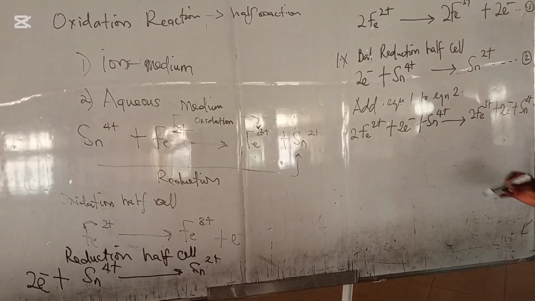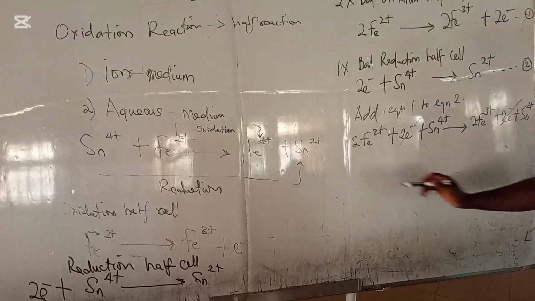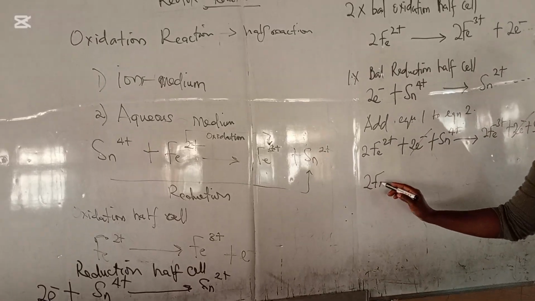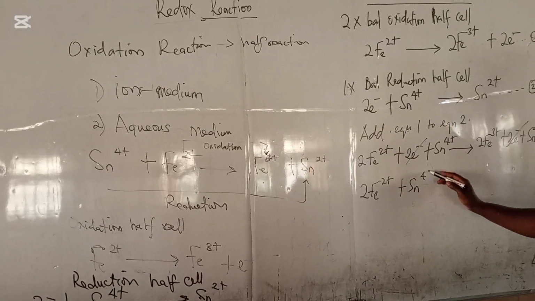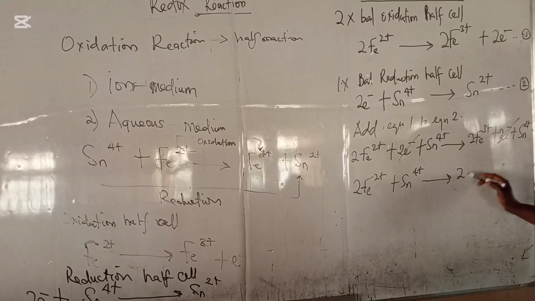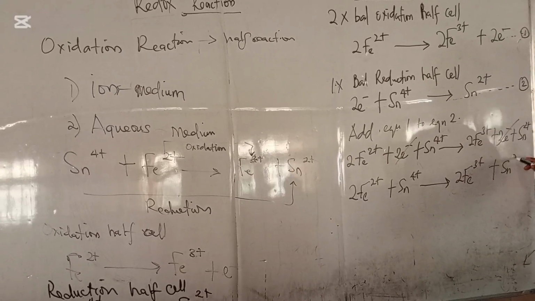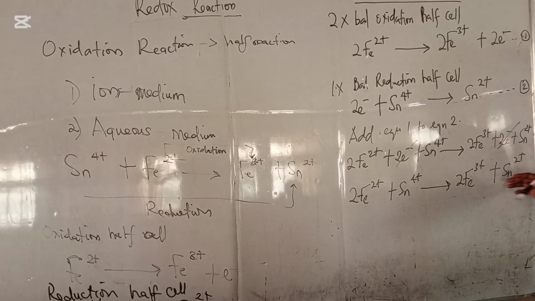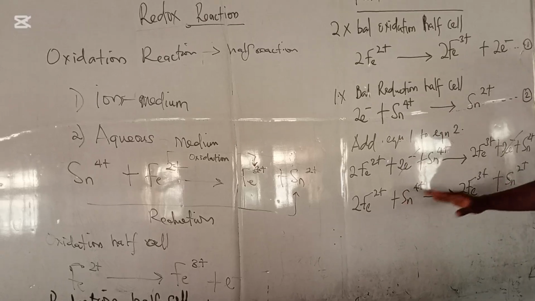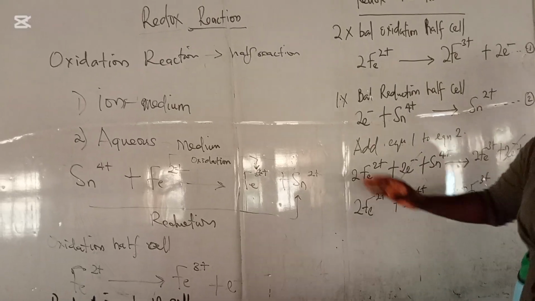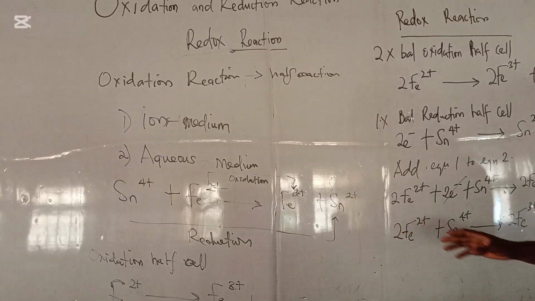You see, it means that these two, we cancel out these 2 and we are left with what? 2Fe2+ plus Sn4+ to give us 2Fe3+ plus Sn2+. So this is the redox reaction, because this is a reaction of both reduction and oxidation using the ion electron method.